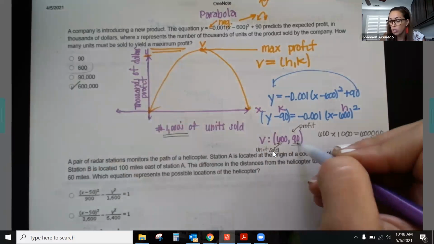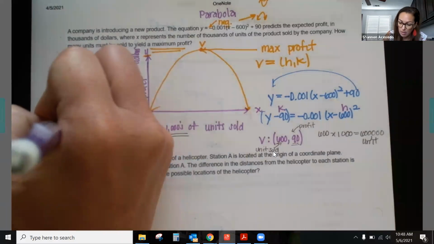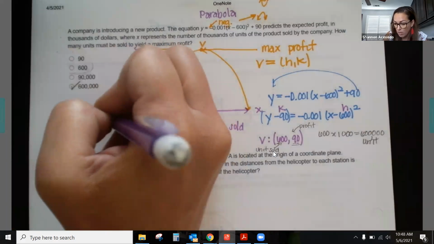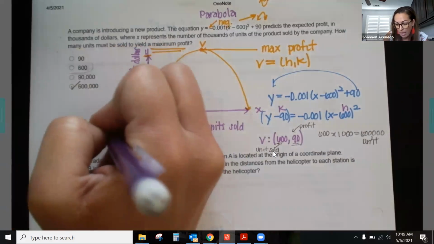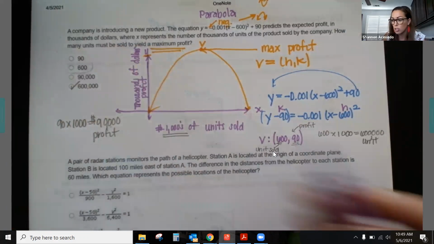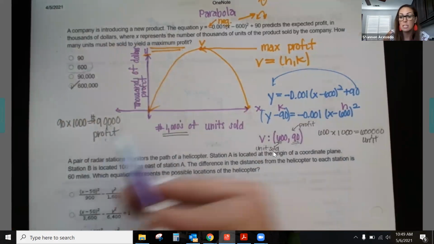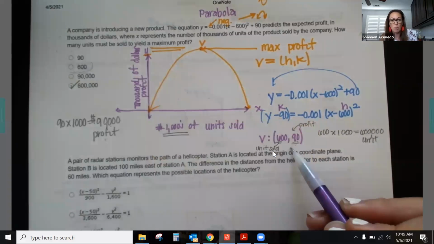You would multiply 90 times 1,000 and get $90,000 as the profit. Not $90, it would be $90,000. So if I sell 600,000 units, I would make that maximum profit of $90,000. That's what this vertex is representing.